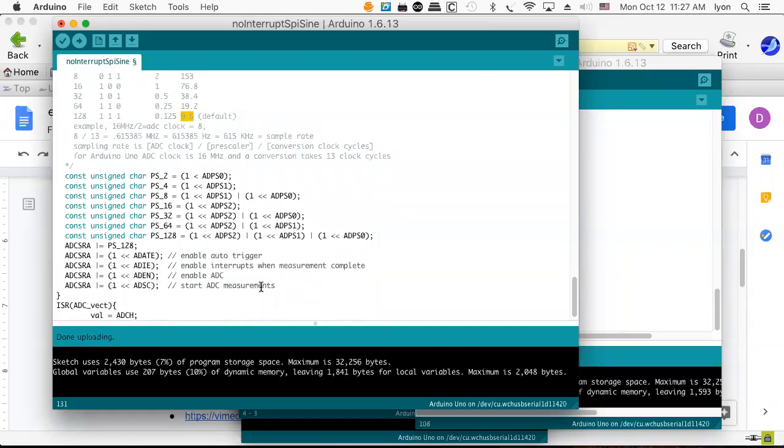The other thing you want to do is set it up so that it auto triggers. Auto trigger means it's going to free run. It's going to convert as fast as it can at 9.6 kilohertz, and then it'll generate an interrupt.